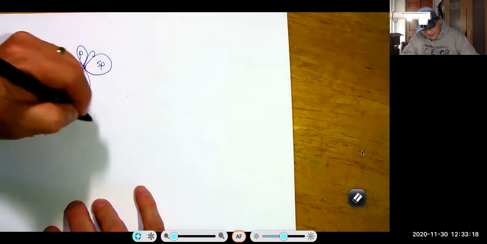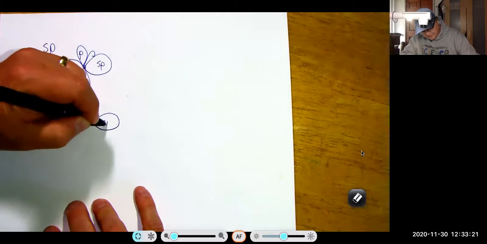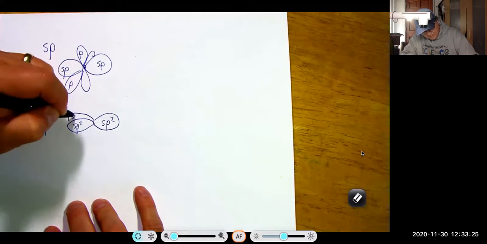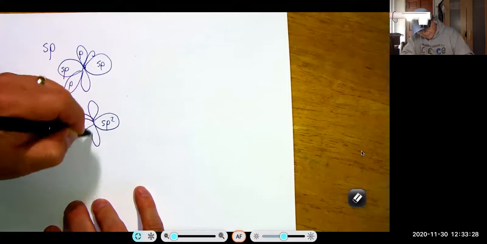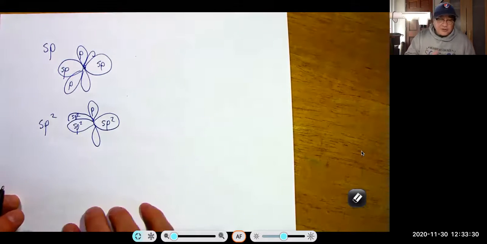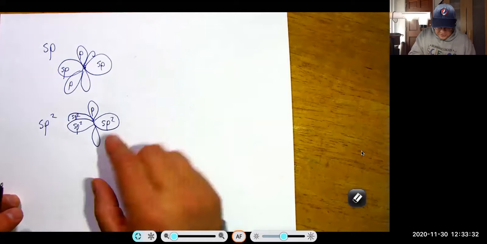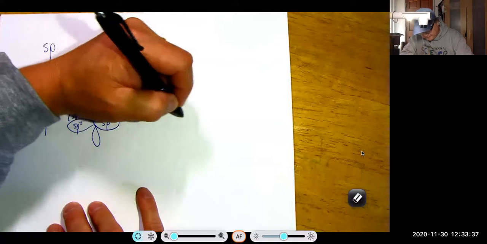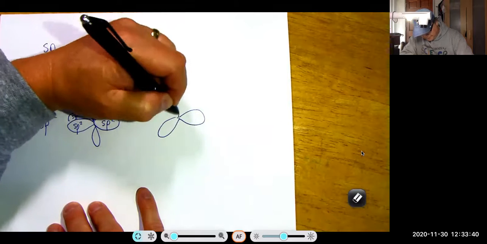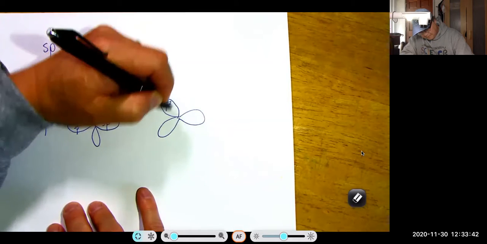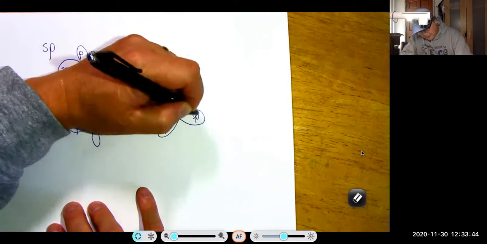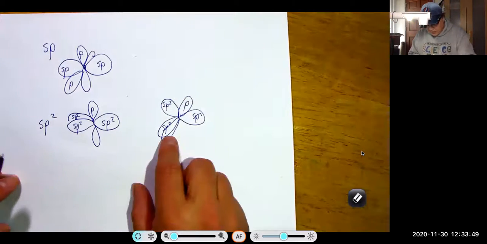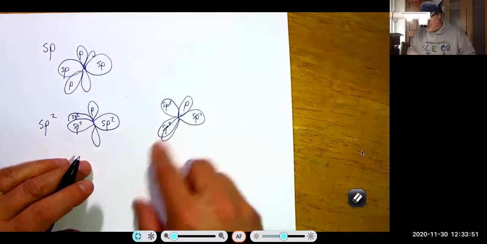sp2 is going to look like this. This is the best way to draw it so that you can see that the p orbital is perpendicular to the sp2 orbitals, but you can also draw it this way. In this case, the p orbital is going in and out of the plane of the board, so you can see that it kind of overlaps this guy.